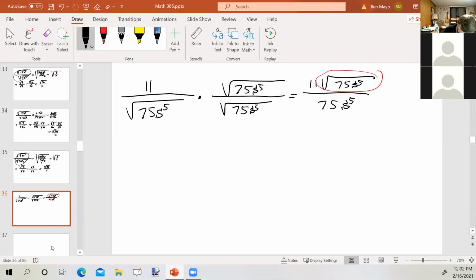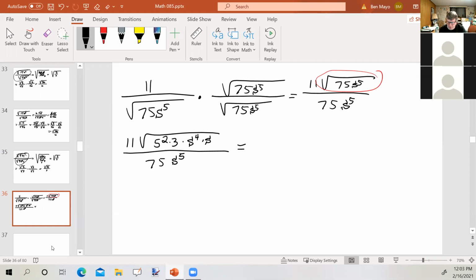Let's see, I'm going to rewrite the numerator as 11 square roots of 5 squared times 3, that's 25 times 3, which is 75, times s to the 4th times s, all over 75 s to the 5th, okay? So I took 75 s to the 5th, broke it down into squares and 4th powers and leftovers.